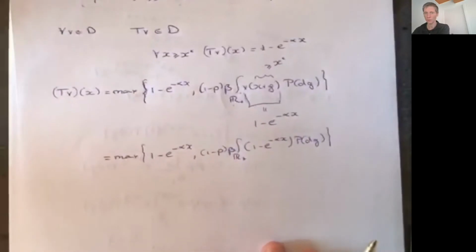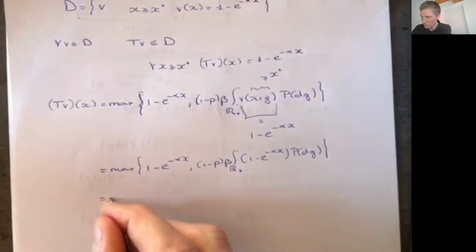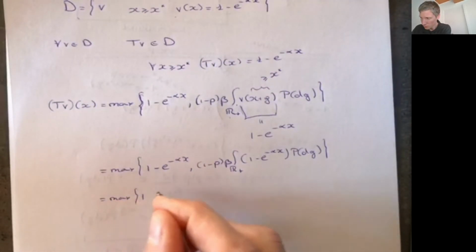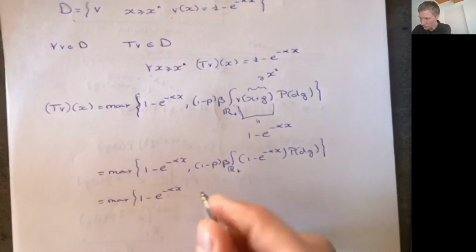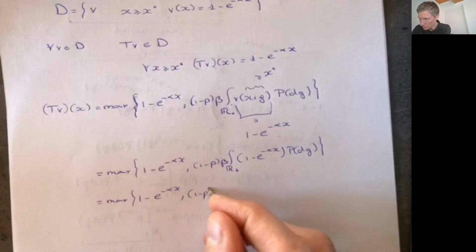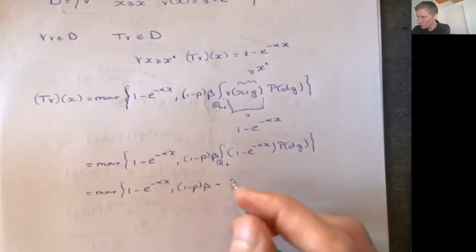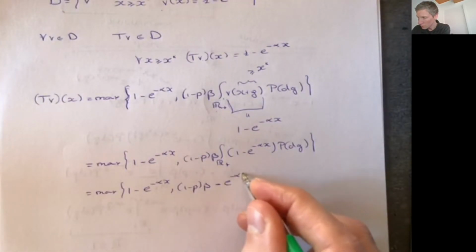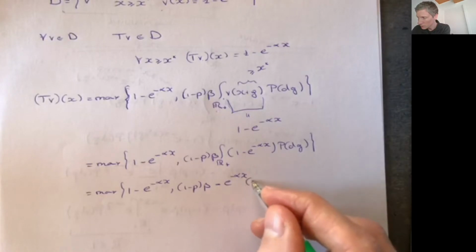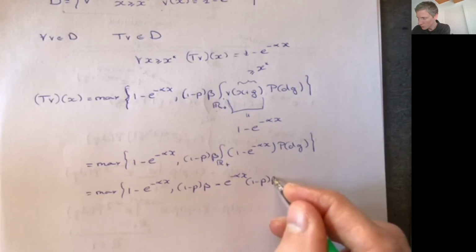I can make the same derivation, and I will find in the end that this is equal to the max of 1 minus e to the minus alpha x, and then 1 minus p beta, and then minus e to the minus alpha x, 1 minus p beta r.